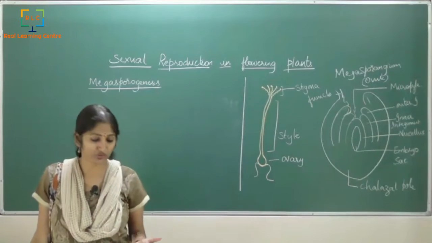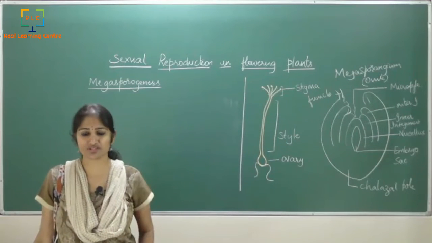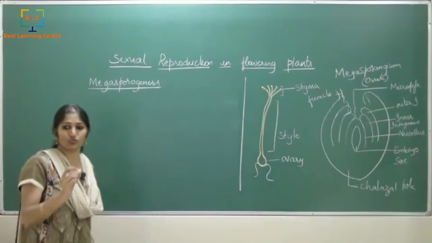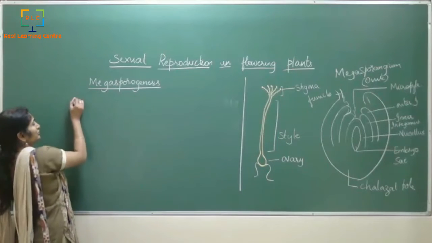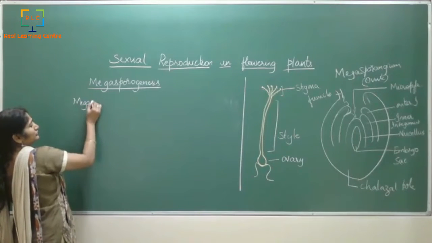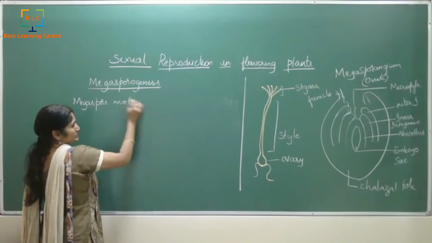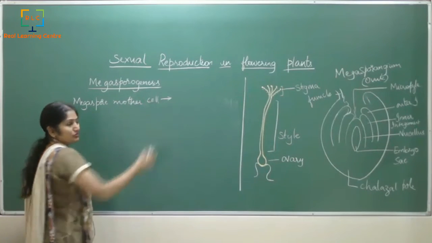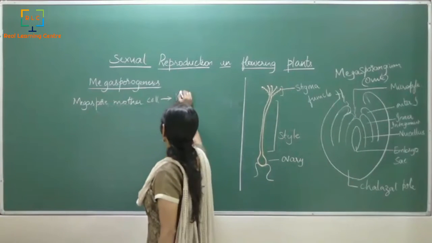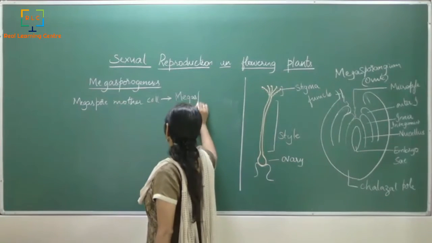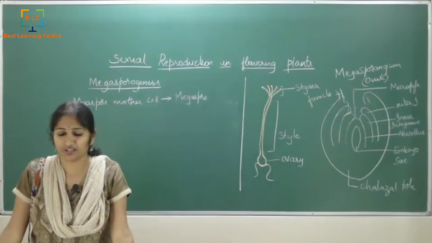Just like how we studied microsporogenesis, megasporogenesis is also a process where there is one megaspore mother cell, which would finally give rise to megaspores. I won't say one megaspore, because you will soon realize it might be one or it might be different.